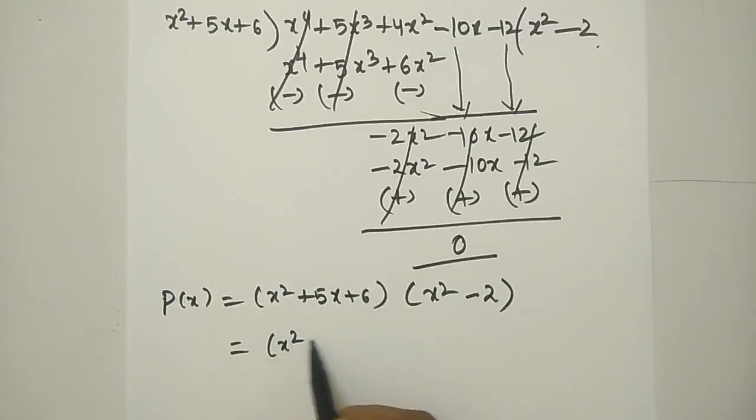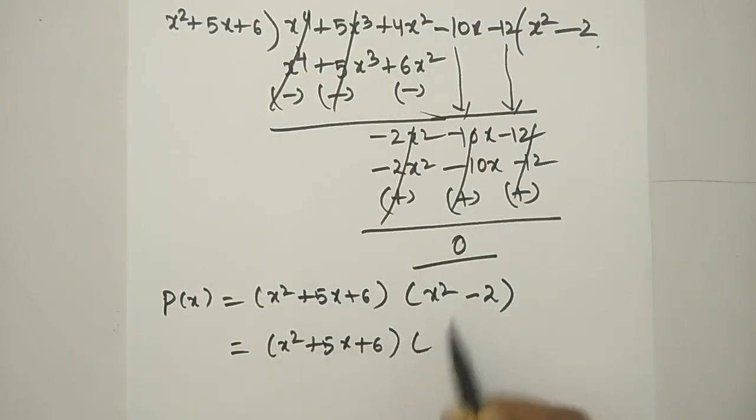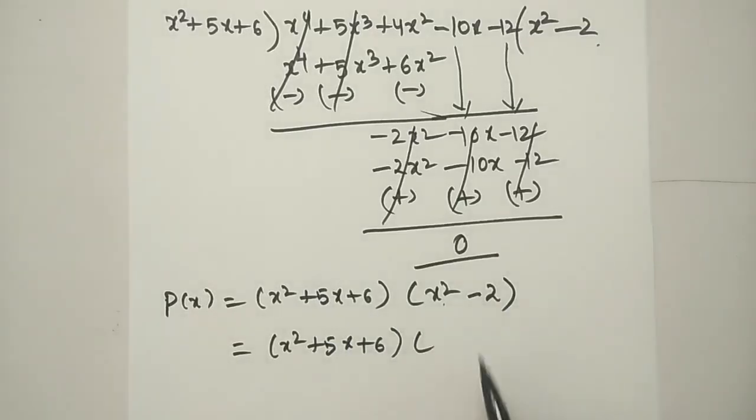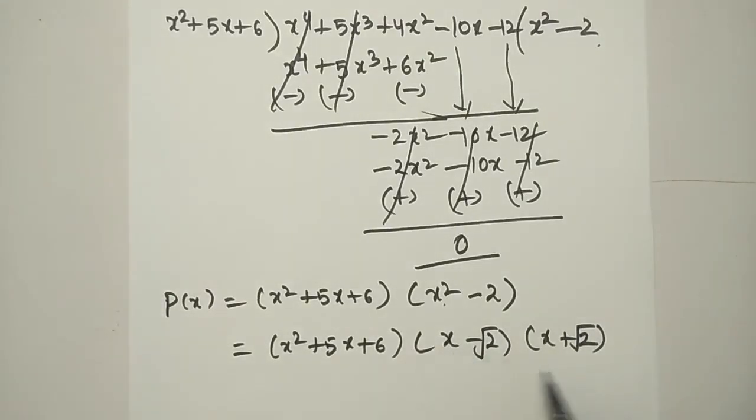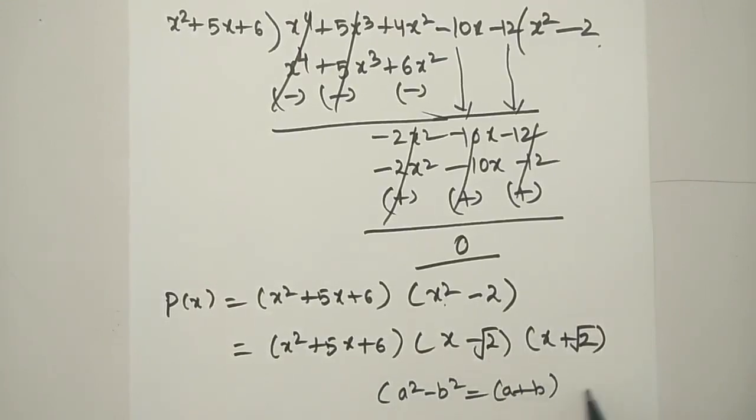okay, x square plus 5x plus 6, and x square minus 2 is of the form a square minus b square, is it not? So x minus square root 2 into x plus square root of 2, is it not? This is from the algebraic identity, a square minus b square is equal to a plus b into a minus b.